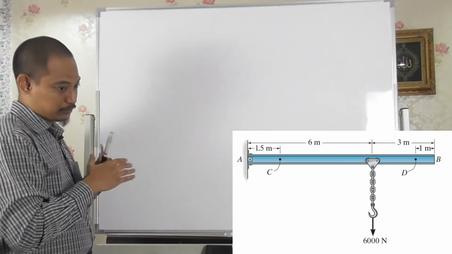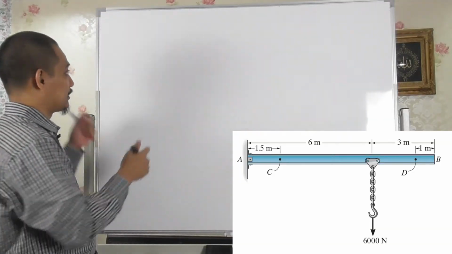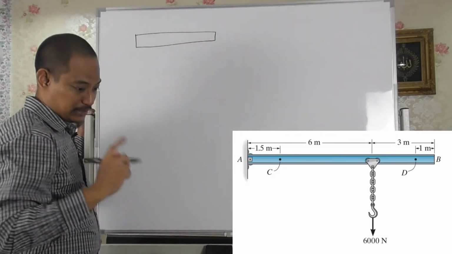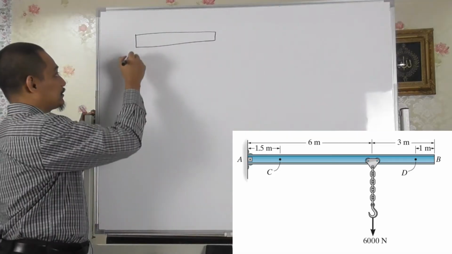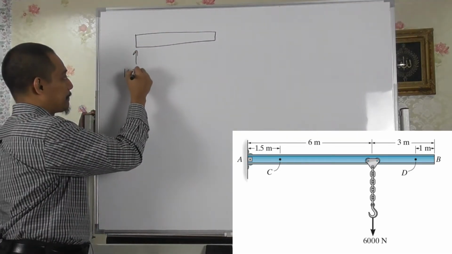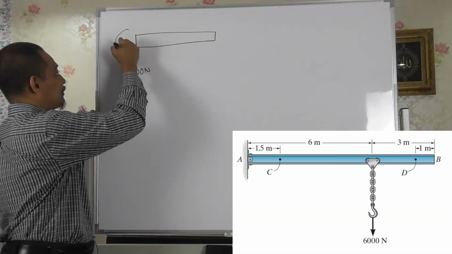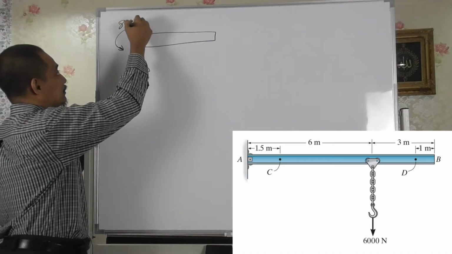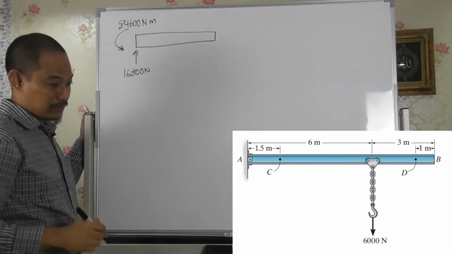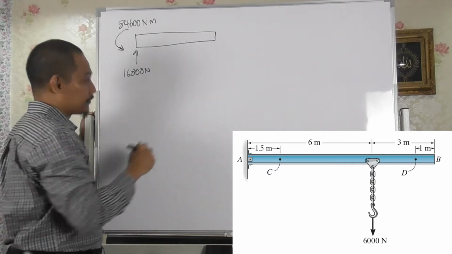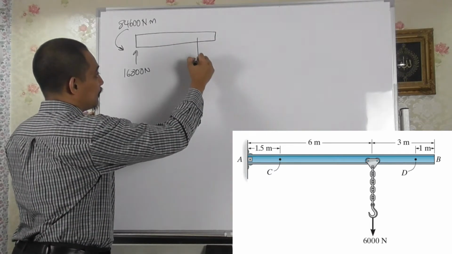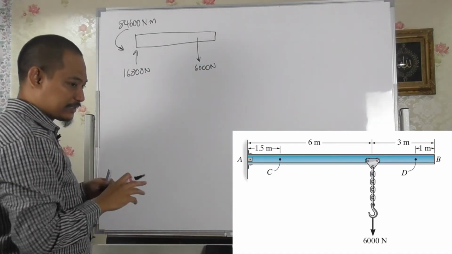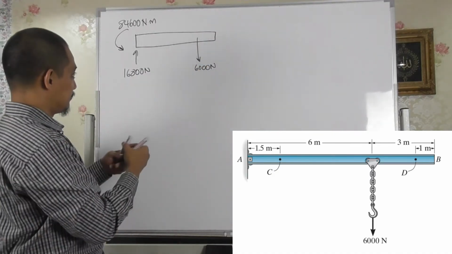So we'll go straight to drawing the free body diagram from A to point D. If we draw the whole thing from A to point D, we have already established that AX is 0, AY is 16,800 Newton, and the moment is 84,600 Newton meter. And then we have the 6,000 Newton there. Now the distance will be 8, the total distance, right?